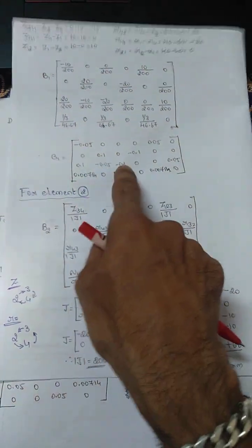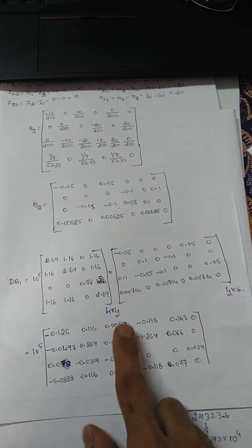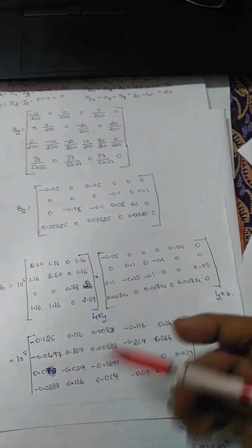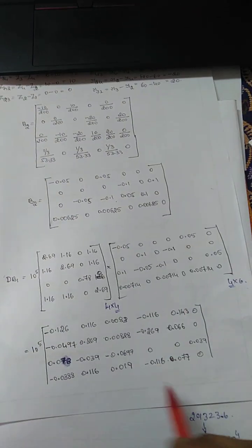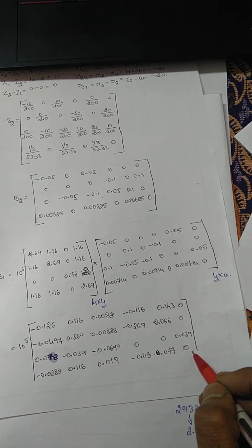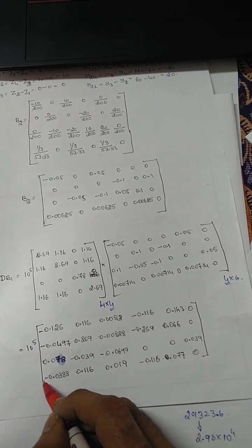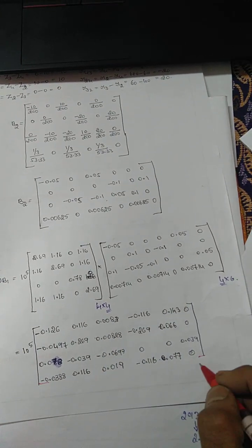This D is 4 rows and 4 columns, and this is having 4 rows and 6 columns. So 4 into 4 multiplied by 4 into 6 gives a 4 into 6 matrix we will get.